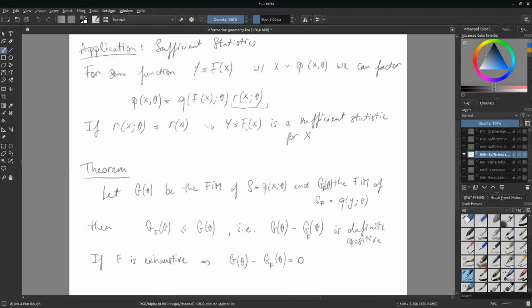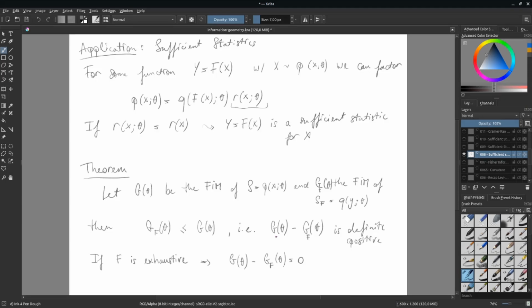So a nice theorem to make that formal. Let's say G of theta is the Fisher information matrix for p_x, and we call G_F the Fisher information matrix for the distribution of f of x. Then we have this inequality, but it's a matrix inequality, so G_F of theta is smaller than G of theta, because those are matrices.